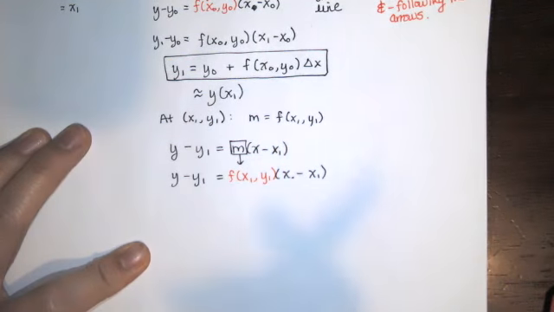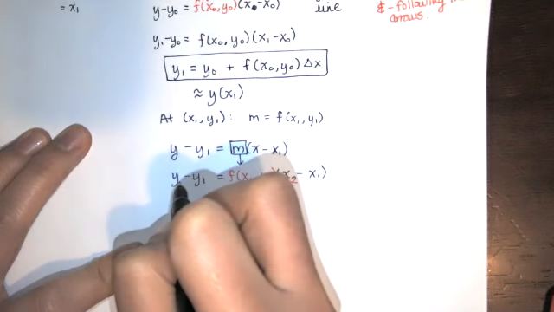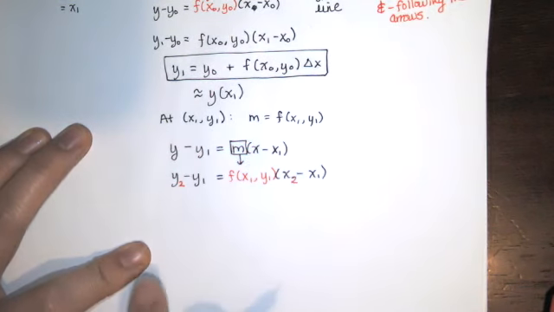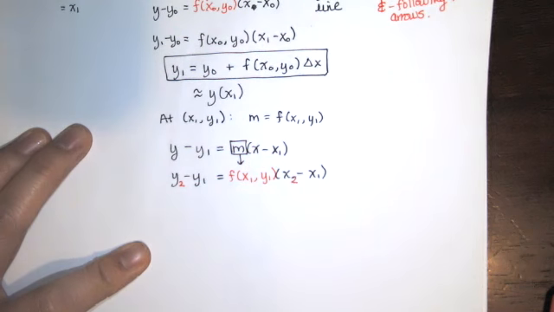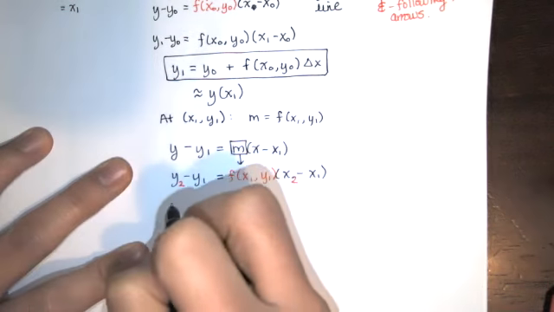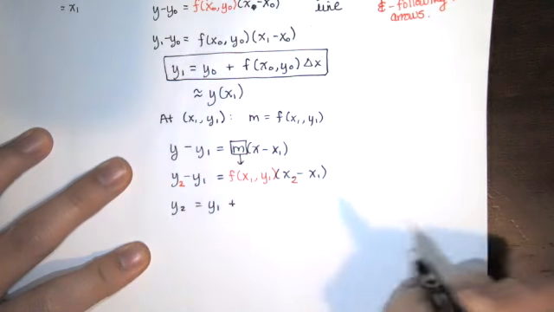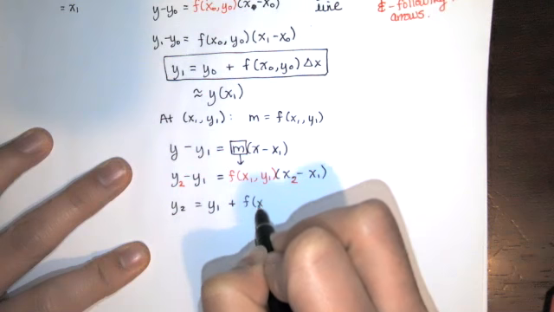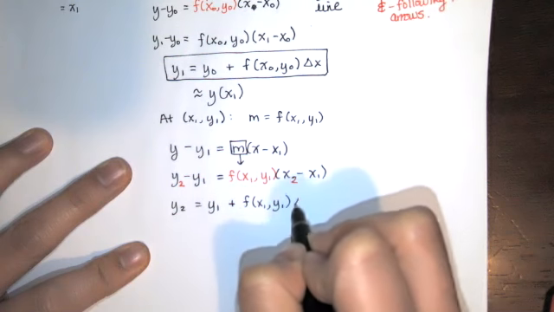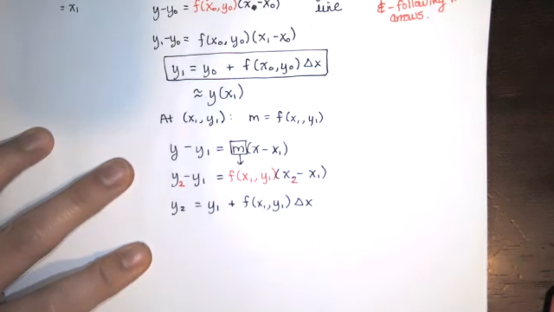So let's see. y2, that's the approximation of the solution at x2, satisfies this equation. So if I add y1 to the other side, I get that, x2 minus x1. I could call that delta x, that'll be my step size.